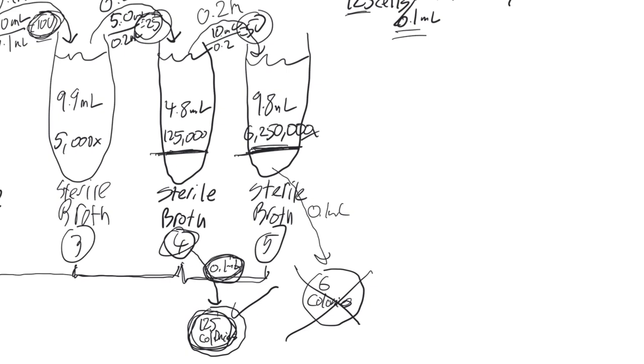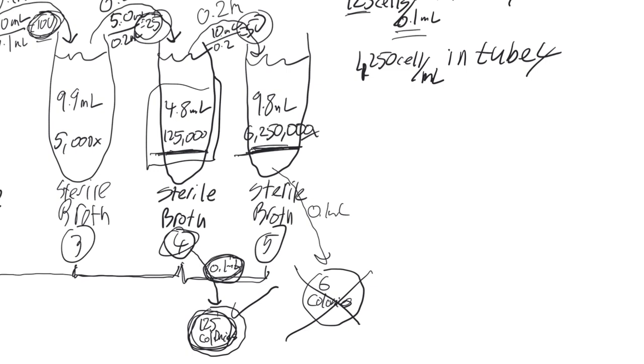And when you do that, you're going to get 1,250 cells per milliliter in tube 4. Okay. So we know now that in tube 4 there are 1,250 cells per milliliter.